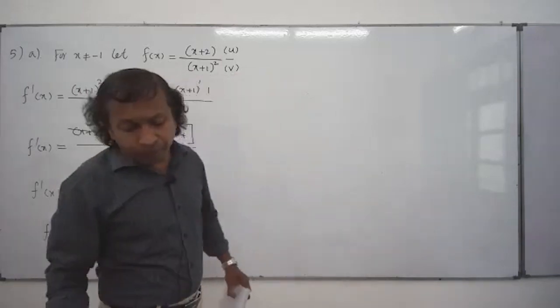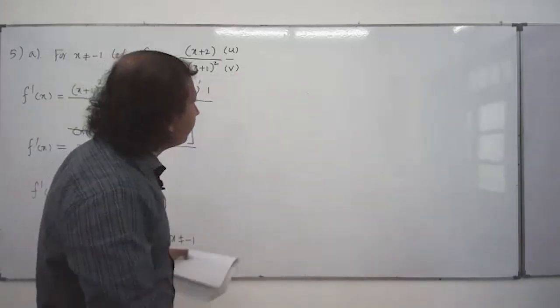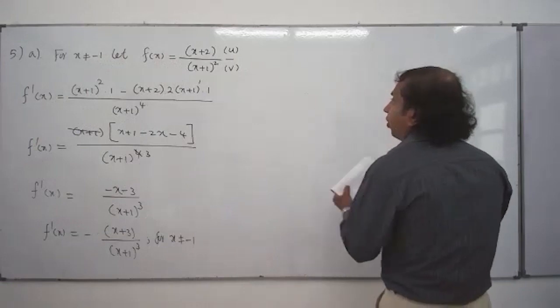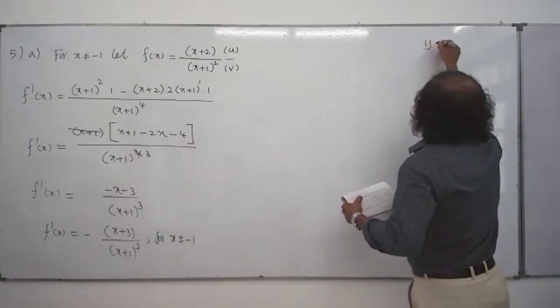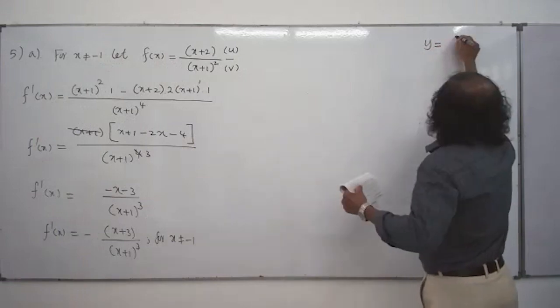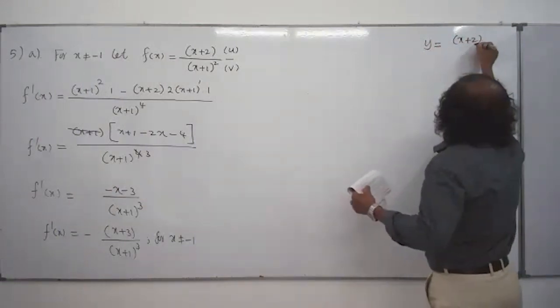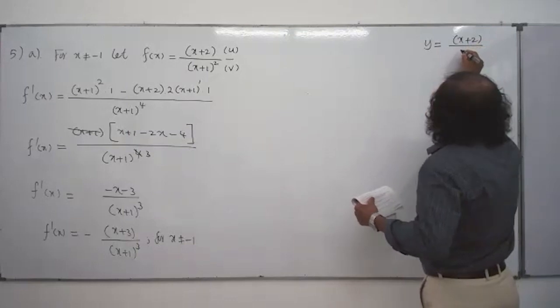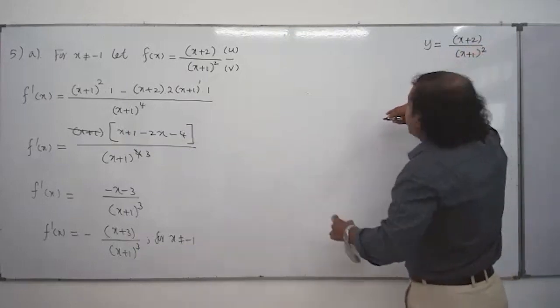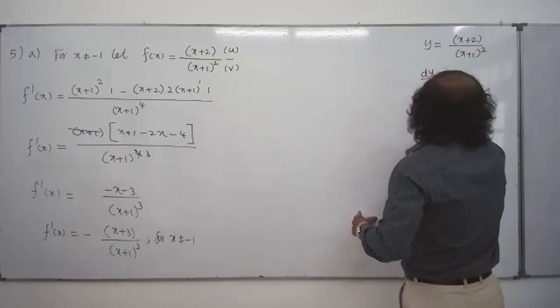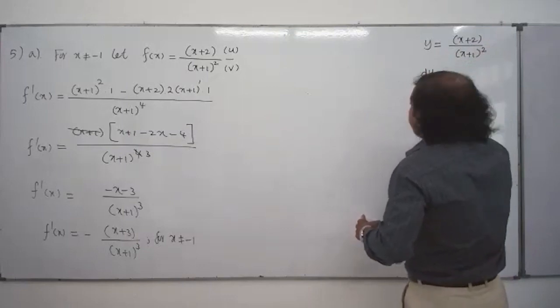Now, first thing is, we are given this. f(x) means really y, people, right? y is (x plus 2) divided by (x plus 1) squared. F dash x means dy by dx. I write like that. F dash x stands for dy by dx.